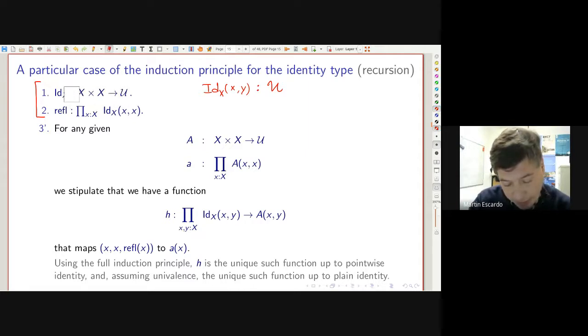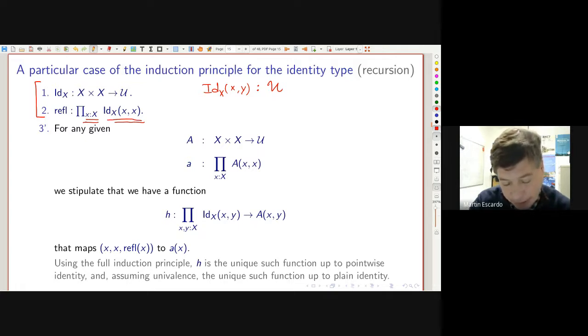And the second thing is we have a function, and so the pi here is similar to the sigma. So it's a function which maps any point of X, any little x in X, to an element of this type. So this is called a dependent function.